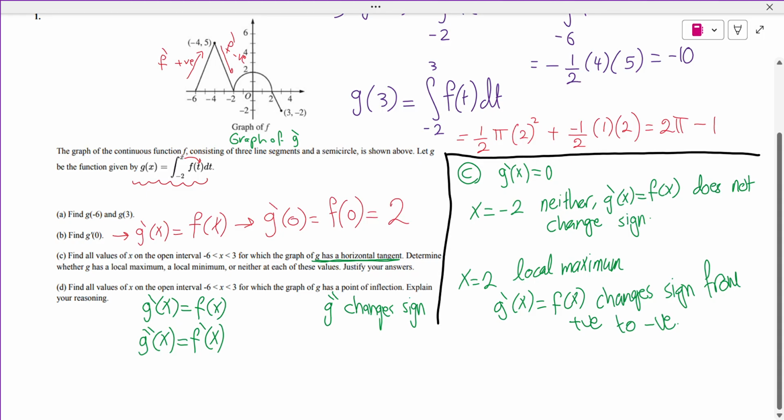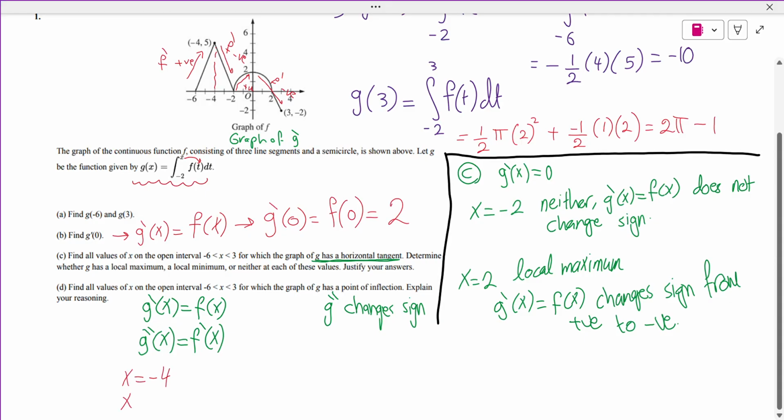Now here on this portion, f prime is positive, but at this portion, f prime is negative. So f prime, which is the same as g double prime, changes sign at 3 points. The first one, x equals -4.